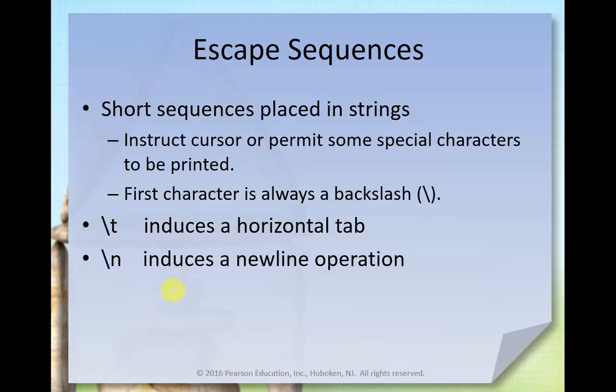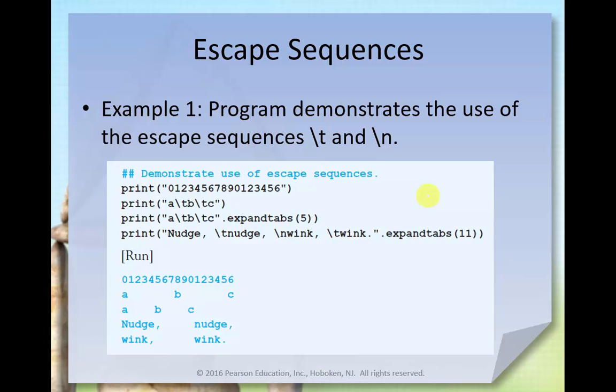The \n is very similar to when we did the BR statement in HTML, where we wanted to break to a new line. Basically the same kind of thing. But the escape sequence, or the escape character, the backslash, is quite useful for escaping other special characters that we might want to have printed in our actual output, like quotes and some things like that.